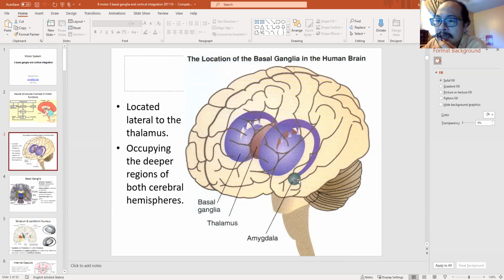However, the amygdala is not. The major function of the amygdala is about emotion, about fear, and the memory about the fear. And this is a learning process. This is part of the reward system.